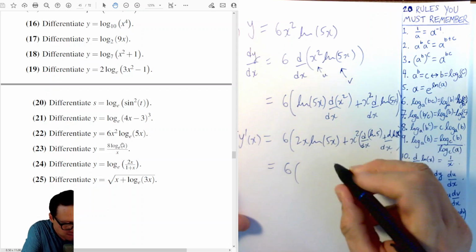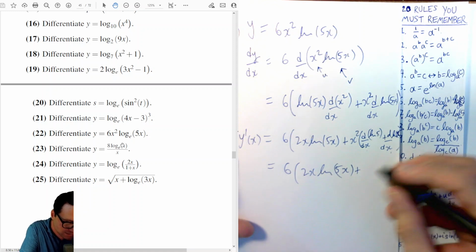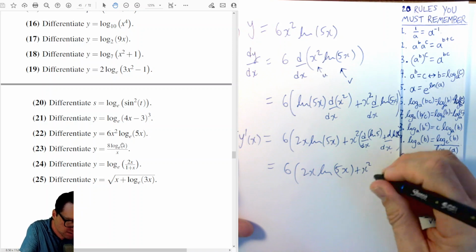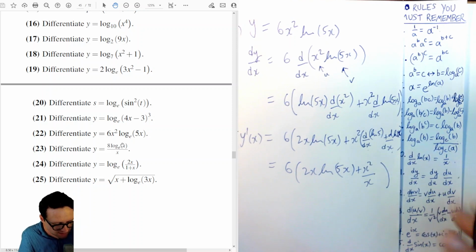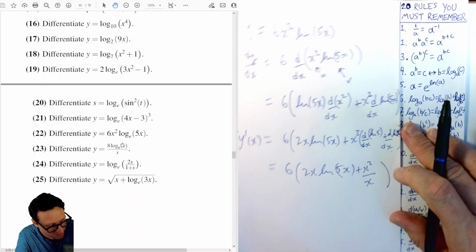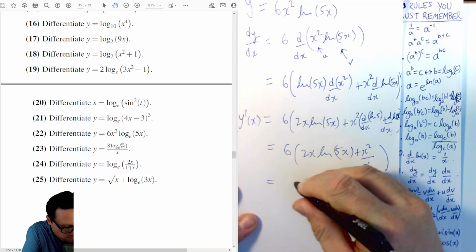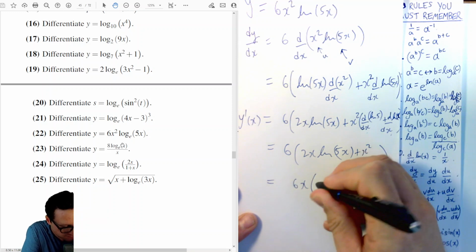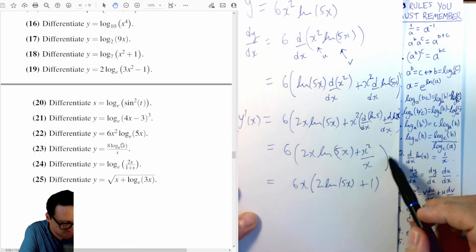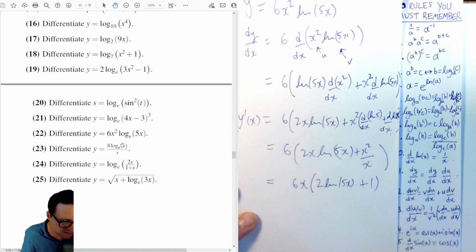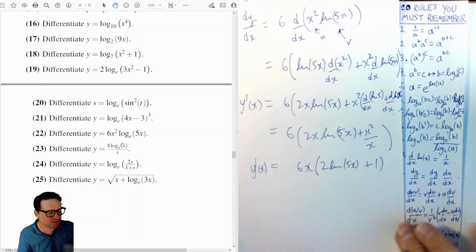And so we have 6, 2x ln 5x plus x squared on x. Okay, and now we simplify this, and this will get x for that. And so then we'll call this 6x outside of 2 ln 5x plus 1 because I've factored the x out of this as well. Okay, question number 23.